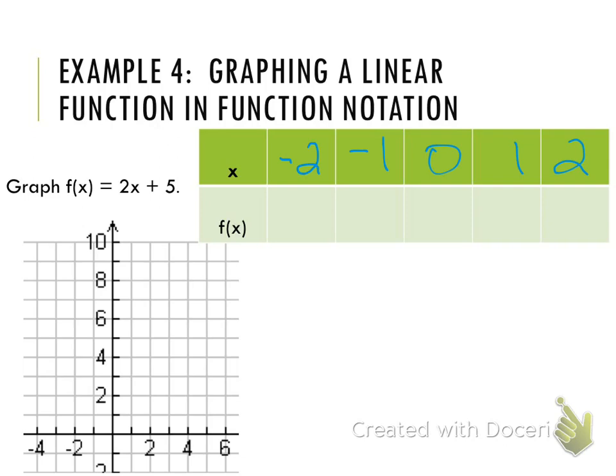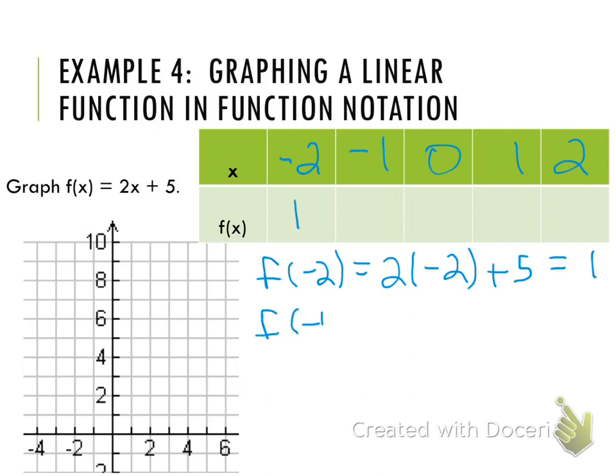So when x is -2, f of -2, we have 2 times -2 plus 5. Well, 2 times -2 is -4, plus 5 gives us 1. So our output is 1. How about f of -1? Again, 2 times -1 plus 5 equals -2 plus 5, which is 3.